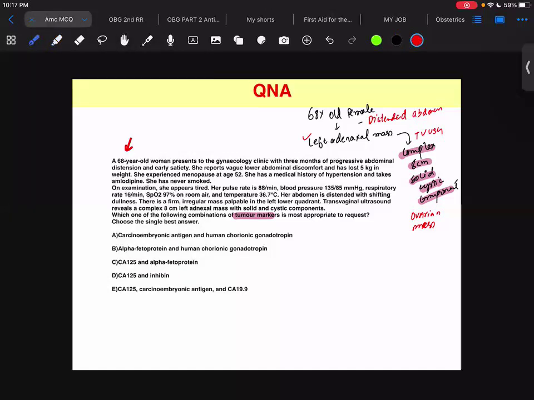Do we go for carcinoembryonic antigen and human chorionic gonadotropin, alpha fetoprotein and human chorionic gonadotropin, CA125 and alpha fetoprotein, CA125 and inhibin, or CA125, CEA, and CA19.9? What is the answer?